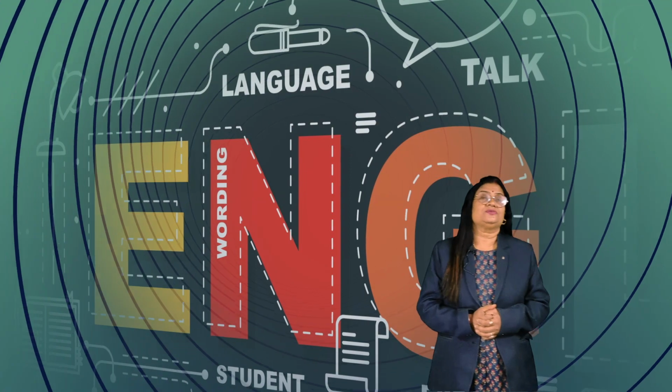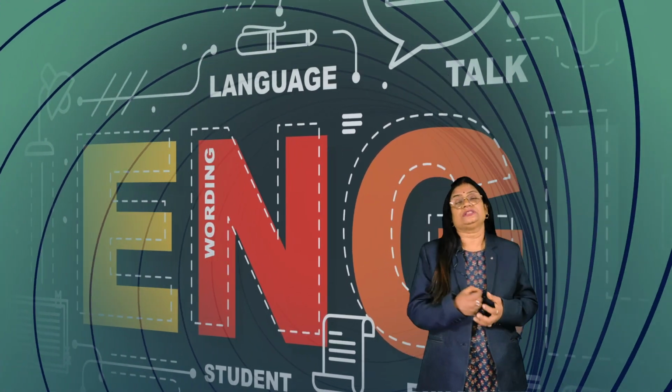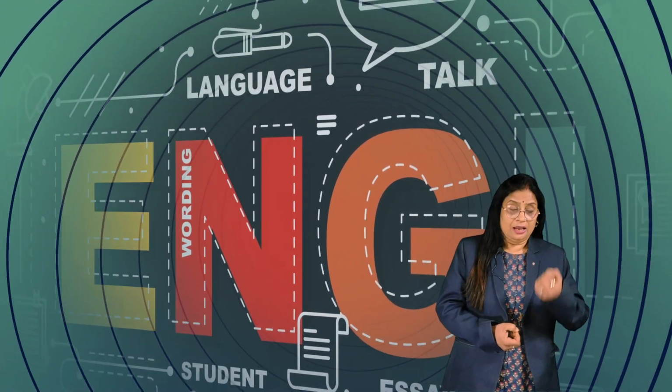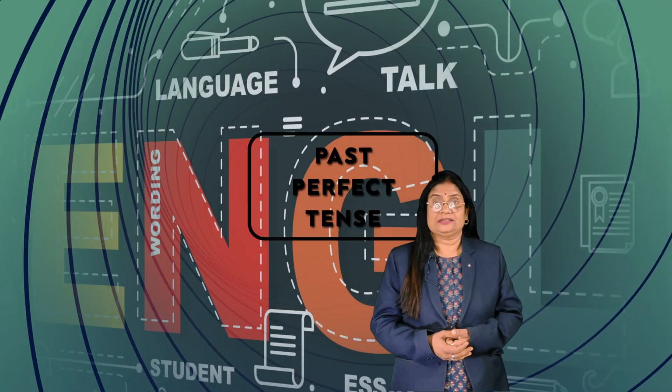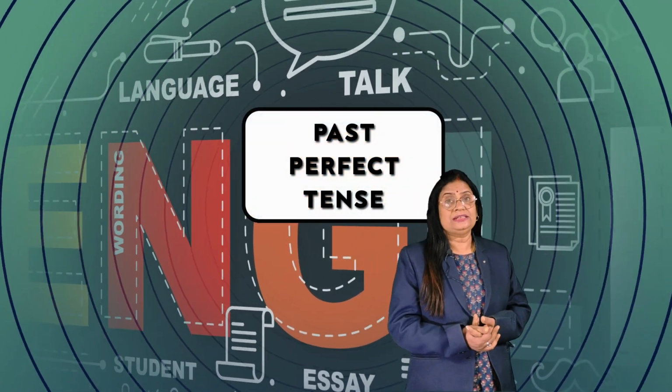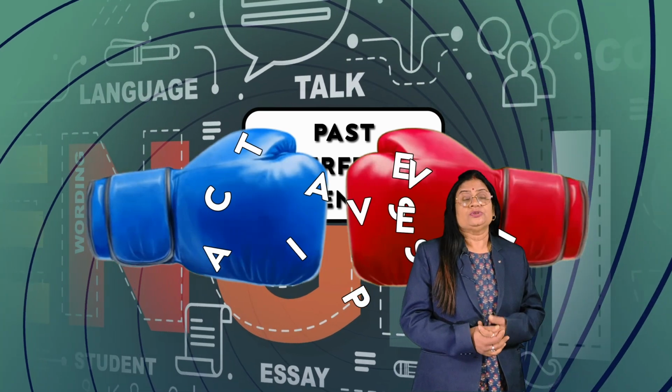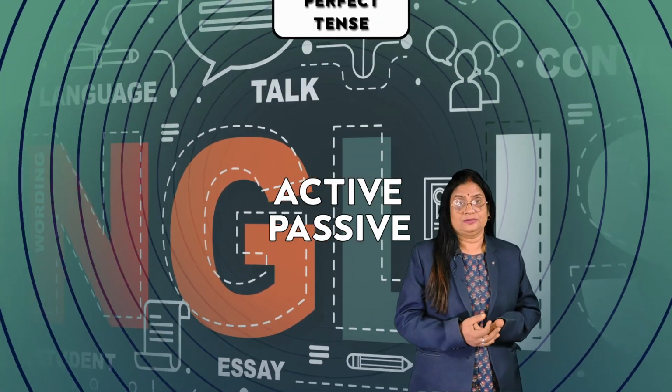Okay, now students, we will be going through the structure formula of changing past perfect positive sentences into the passive. So the structure formula is as follows.